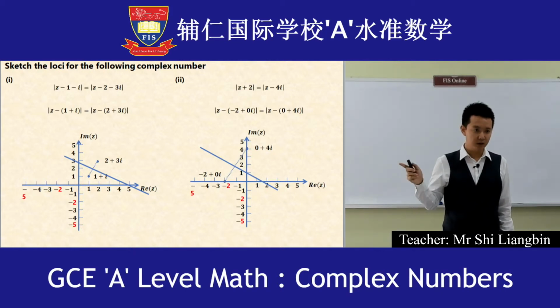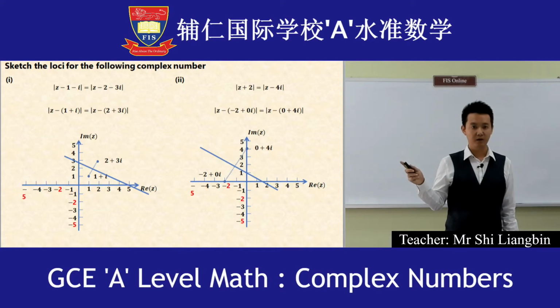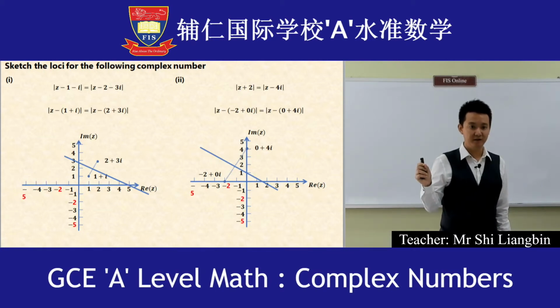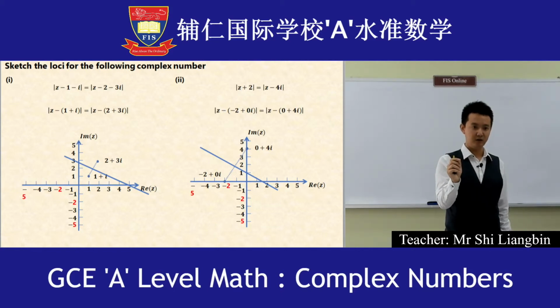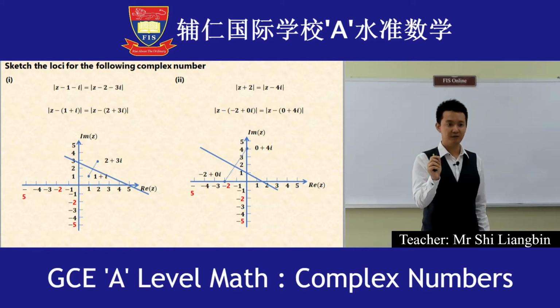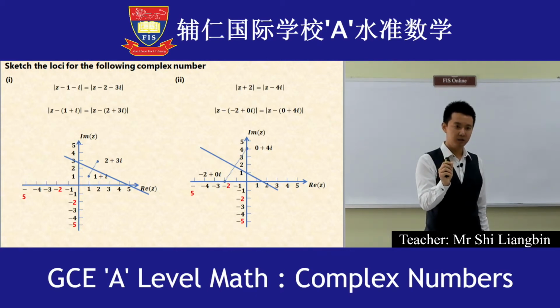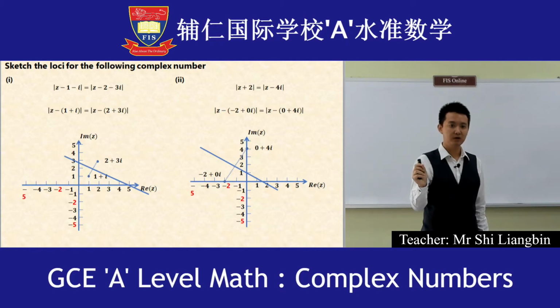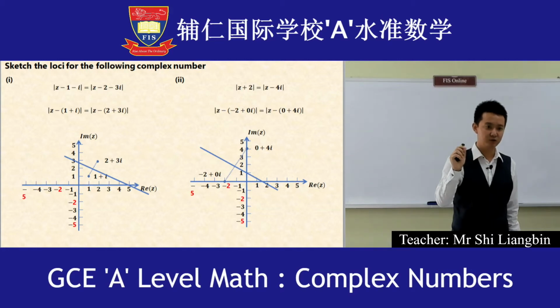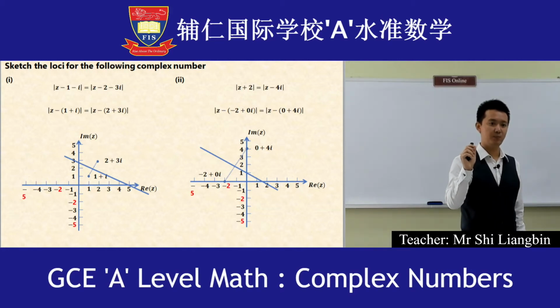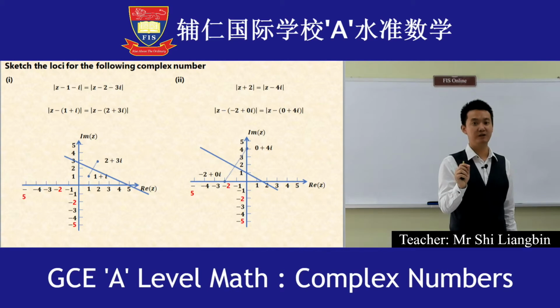Once it's in the standard format, you can identify that it's going to be a perpendicular bisector. To draw it, again we need to find these two points first. From the standard equation, one point is (1, 1), and another point is (2, 3). After you plot these two points, use a dotted line to connect them. After that, you draw the perpendicular bisector. Therefore, this question is done.